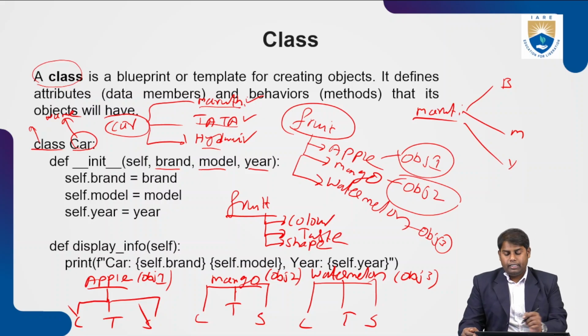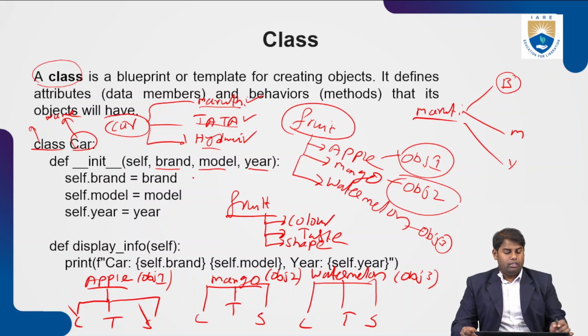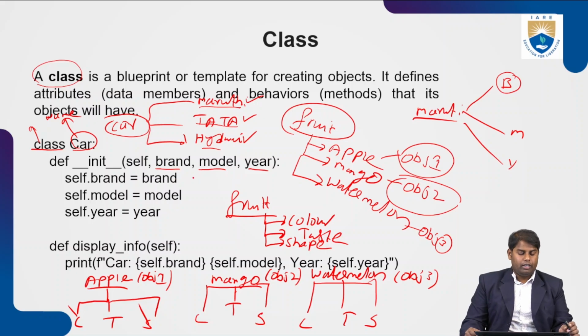So we have to mention the brand and the model. The brand is Maruti, the model is this one, then the year is your manufactured year, let's say 2023. So if you are to define the different objects, these are the key entities.